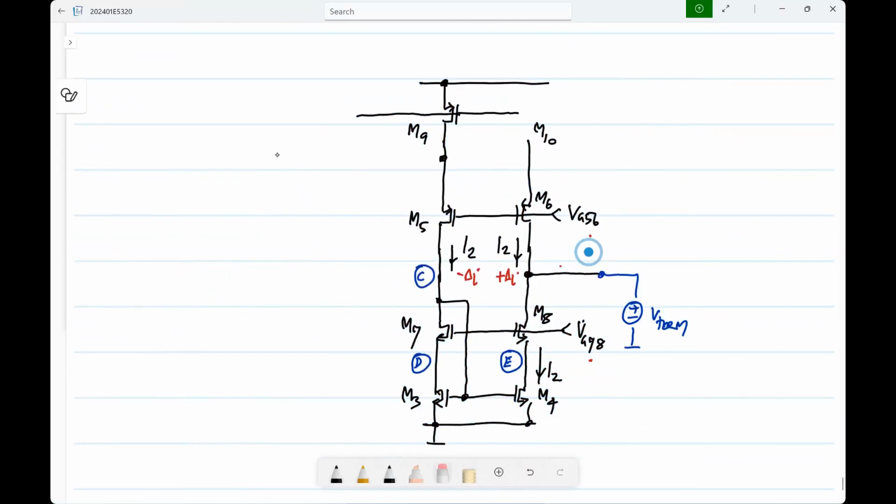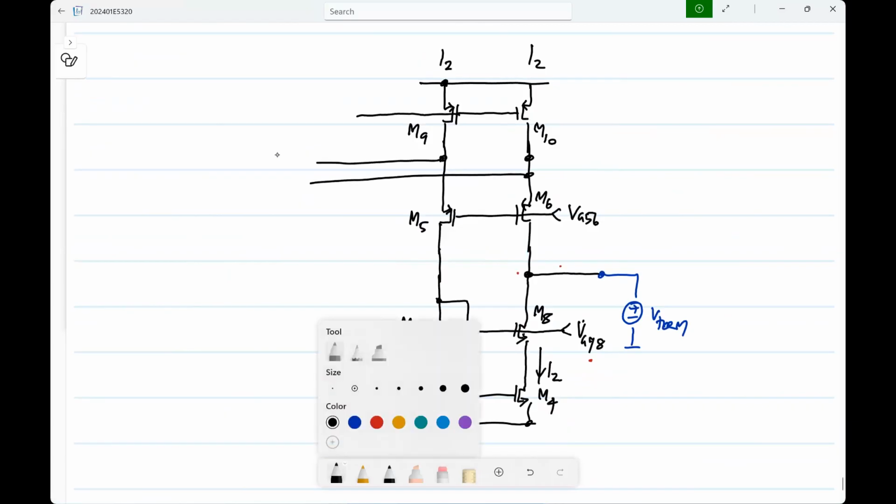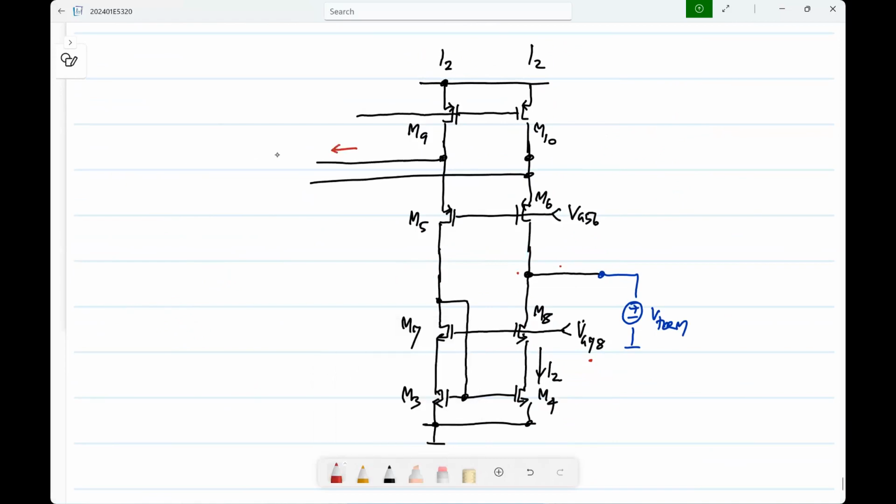In fact, some part of it you have already done. Just imagine that the bias current is I2 through this whole thing, and then I have incremental currents, let's say delta IA and delta IA that way. This you already analyzed.